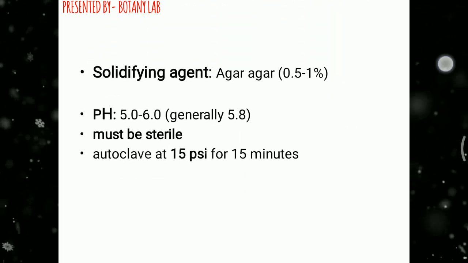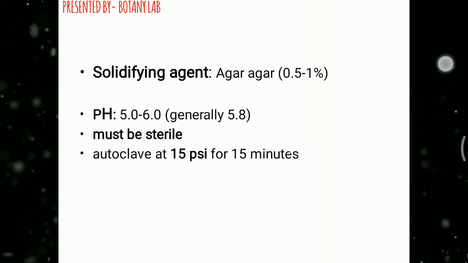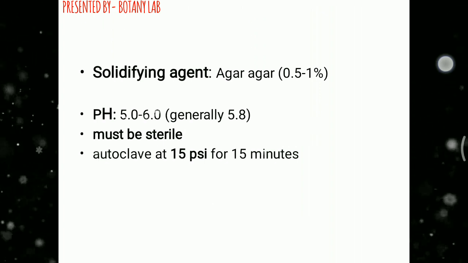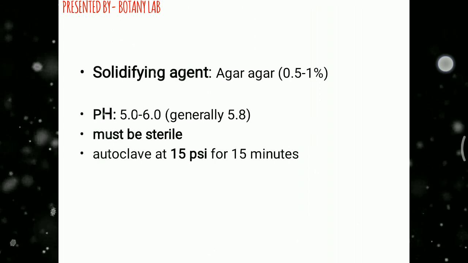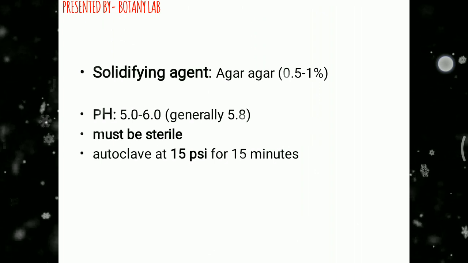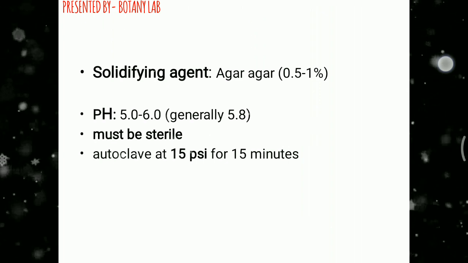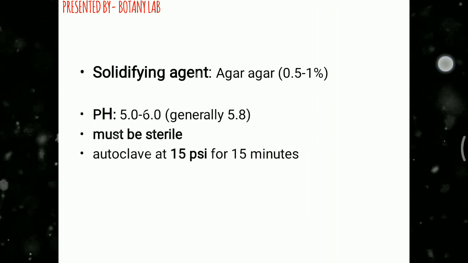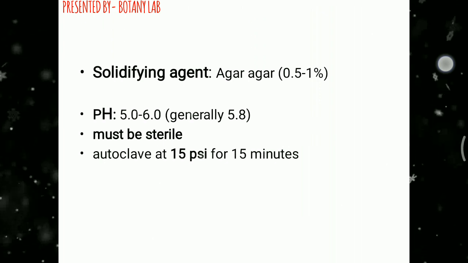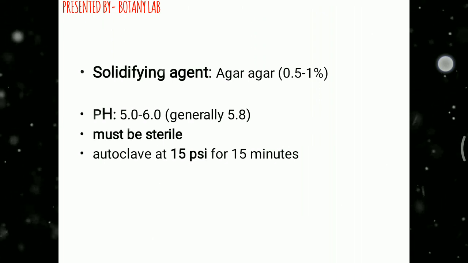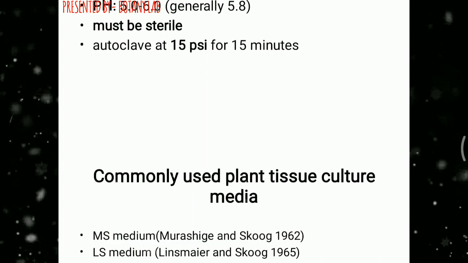Now as a solidifying agent, we use agar 0.5 to 1% in culture media. The pH level must be 5.0 to 6.0, generally 5.8, and the media must be sterile. Autoclave at 15 psi for 15 minutes.